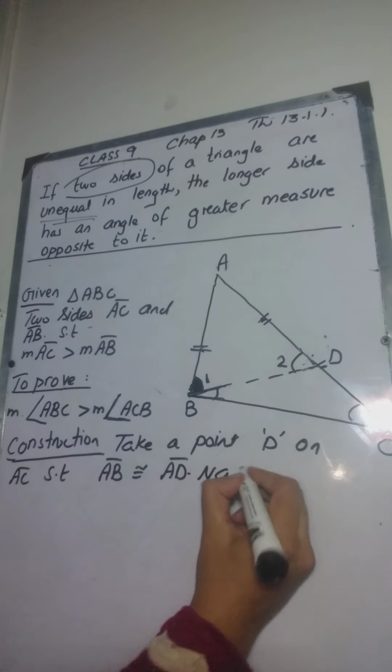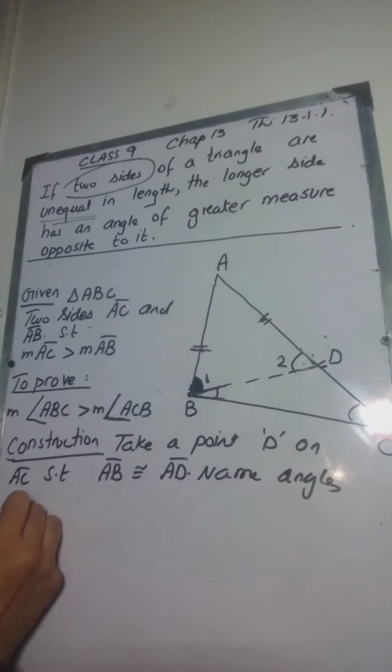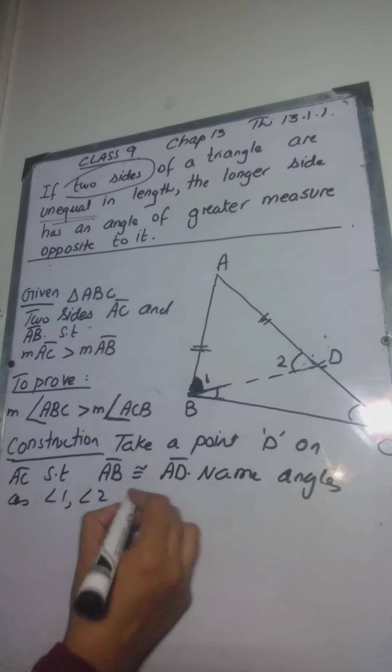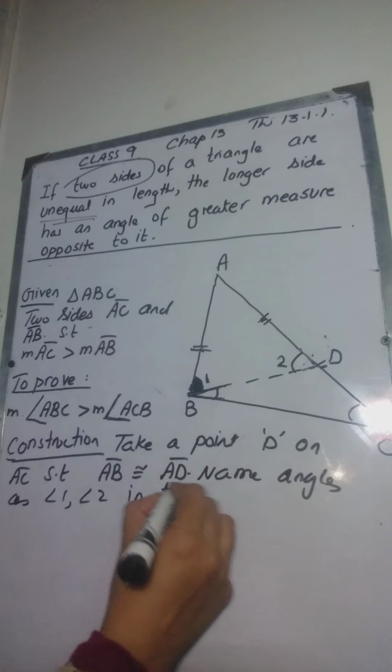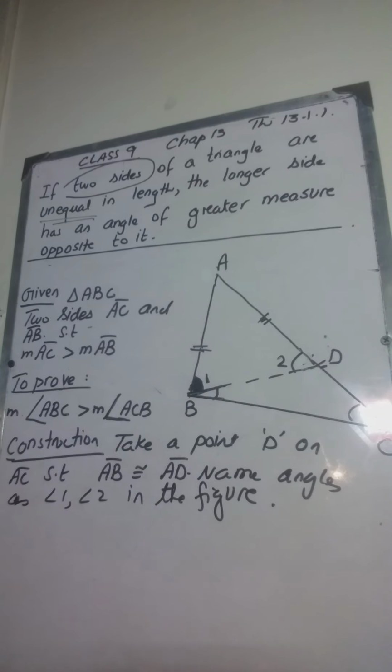And name the angles as angle 1 and angle 2 in the figure. Okay, so this is going to be the construction, and now we are going to start the proof of the theorem.